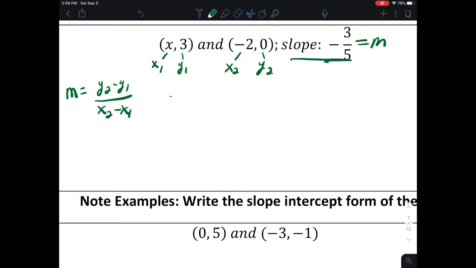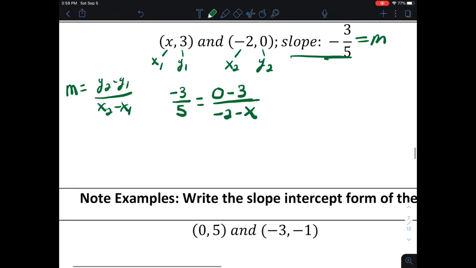So we'd have negative 3 over 5 is equal to y2 minus y1 over x2 minus x1. And then we work to solve from here. So our problem becomes negative 3 over 5 is equal to negative 3 over negative 2 minus x.